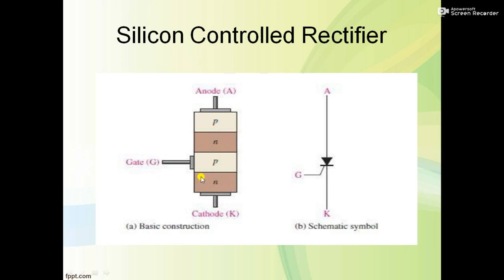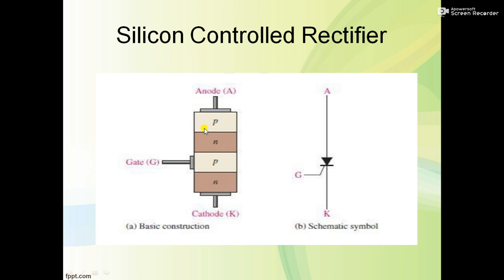In the basic construction of this SCR, it has 3 PN junctions. The first junction is P and N, the second junction is N and P, and the third junction is again P and N. Total 3 junctions are there in the SCR.